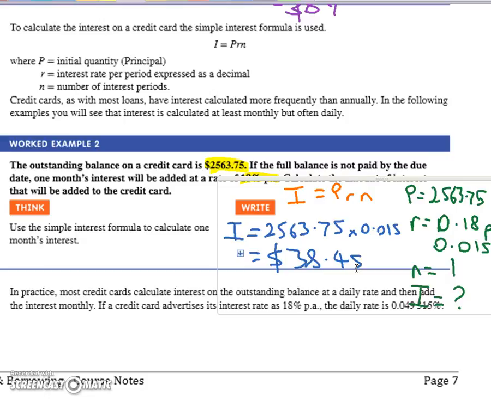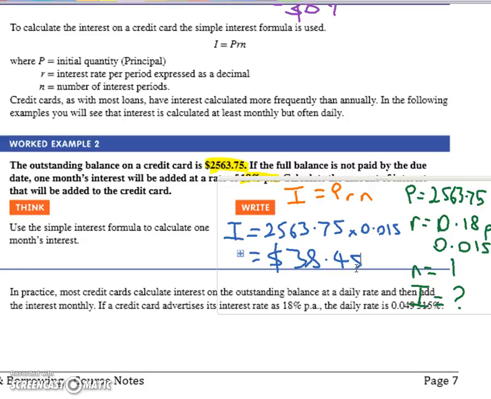So that's your minimum repayment, $38.45. You're getting charged $38.45, and you're paying $38.45. So what's happened to your balance?